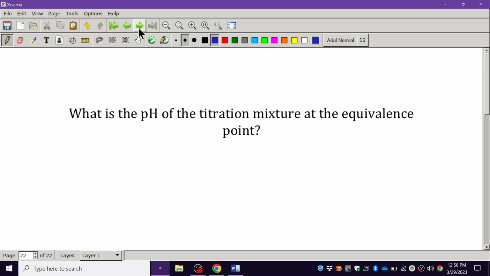This is a strong acid, strong base titration. Do we need to do anything other than say what we know? If I do a strong acid, strong base titration, what would I expect the pH to be at the equivalence point? Think about that net ionic equation again. There's no excess hydrogen ion. There's no excess hydroxide ion at equivalence. So what's the pH?